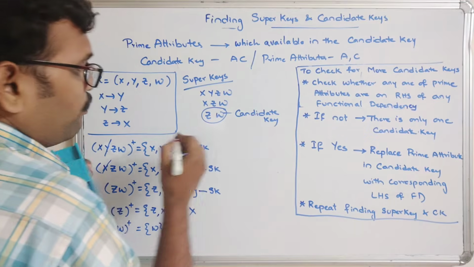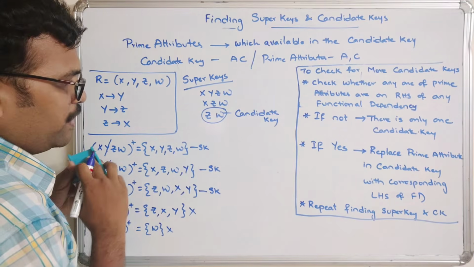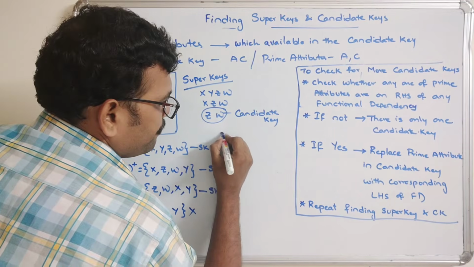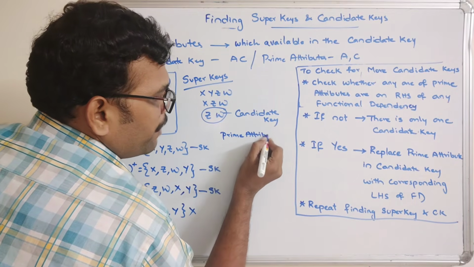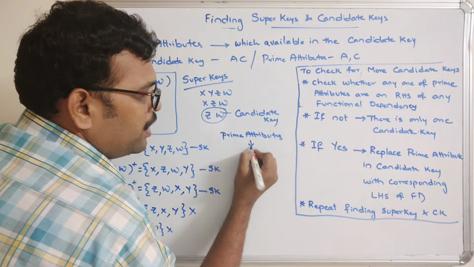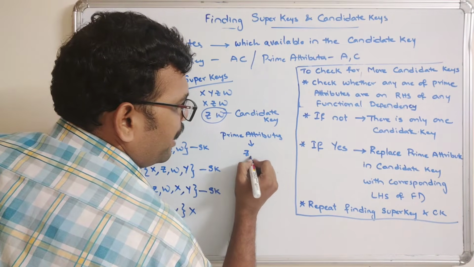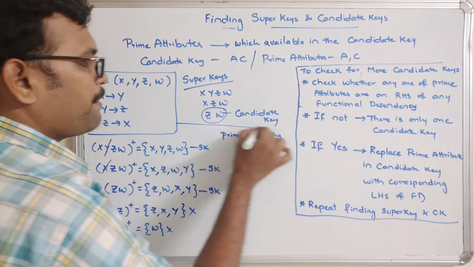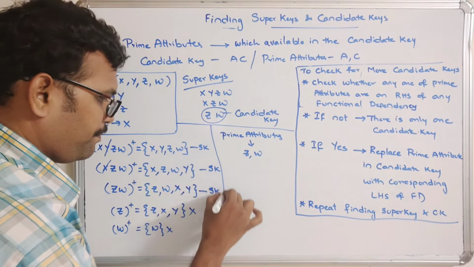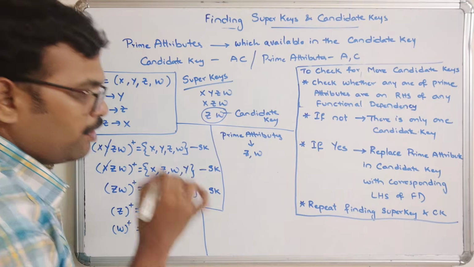So we have to find that one. For that, what we have to do? We have to check with prime attributes. The prime attributes are the attributes involved in the candidate key. So Z and W are the prime attributes. What we have to do?